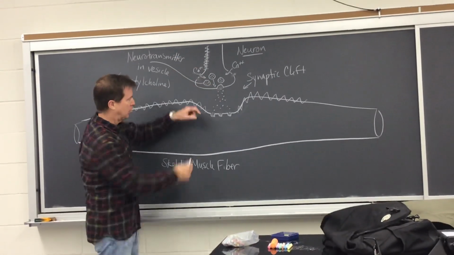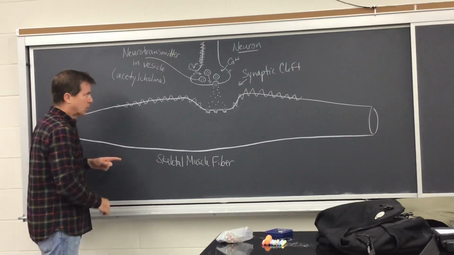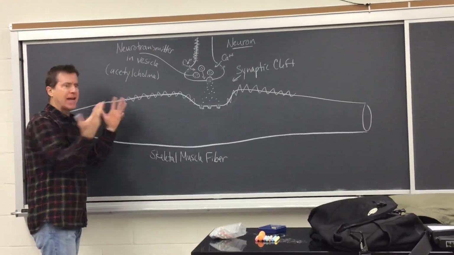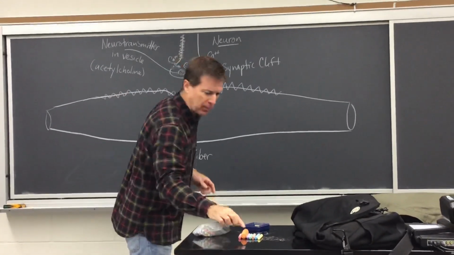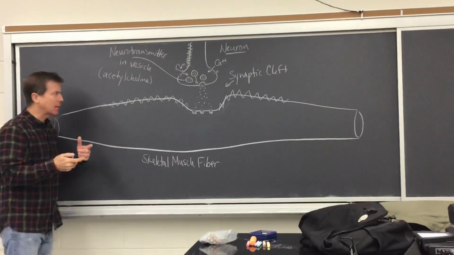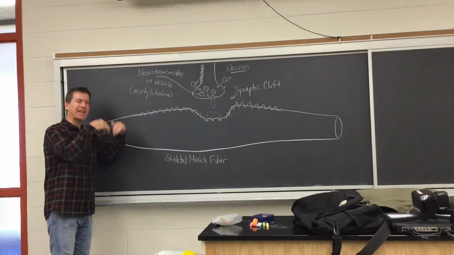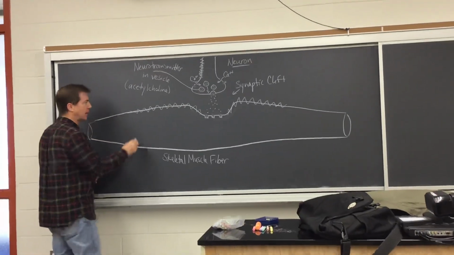Electrical, chemical, binding, electrical. So we have an electrical stimulus now radiating around the edge, the sarcolemma, of the muscle fiber cell. That electrical stimulus isn't doing this muscle fiber cell much good unless it can be guided inward to the inside of the cell.